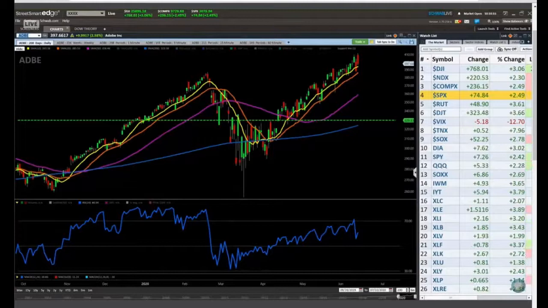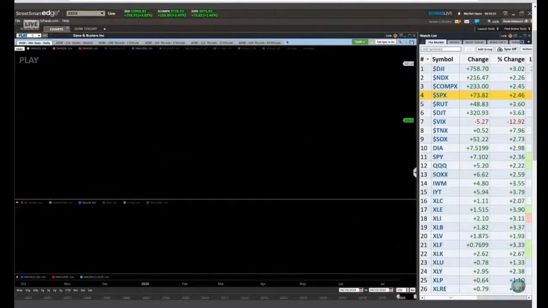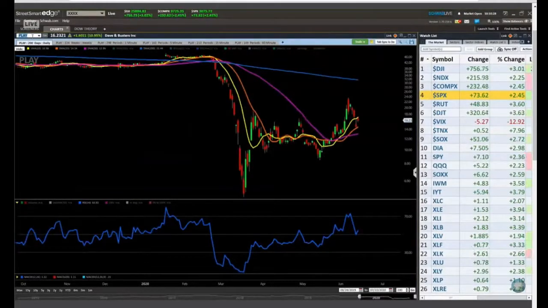All right, speaking about playing games, Dave and Buster's, PLAY. Well, it held the 22. This is one of these reopening plays. Up a lot today, along with a lot of these other reopening plays, trying to claw back some of yesterday's damage.